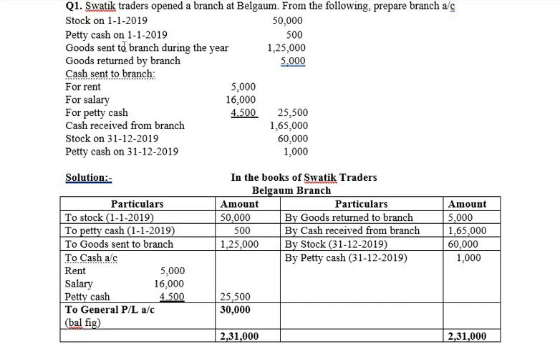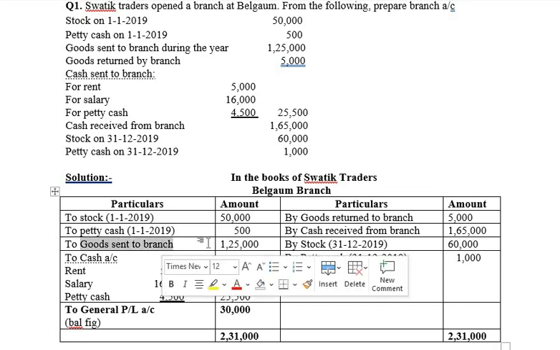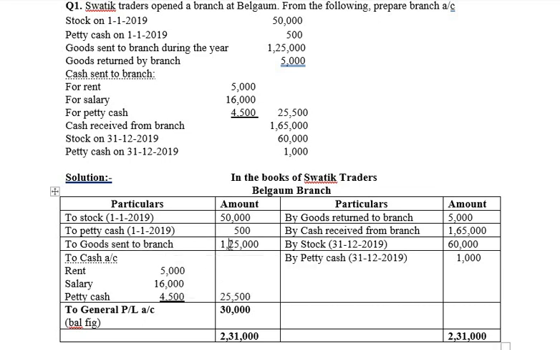Next, goods sent to branch. Goods sent to branch during the year is 1,25,000. Look at the journal entries we passed at the beginning. Goods sent to branch goes to the debit side. To goods sent to branch 1,25,000.